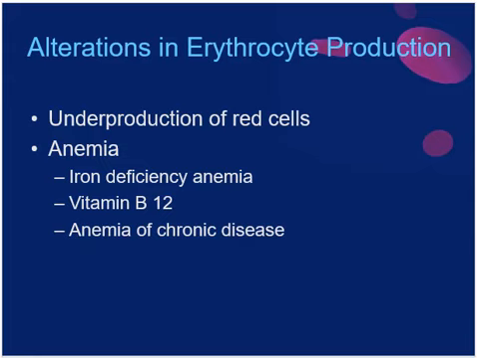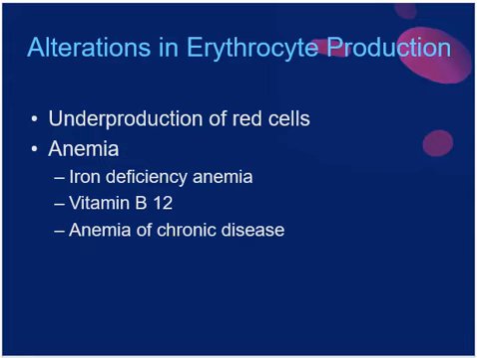If the red cells are normal in size, those may be considered more normochromatic, even though the hemoglobin may be low, and you may see those in pernicious anemia or folate anemia. And then you can have the small cells, which would be considered microcytic. And microcytic cells are small, abnormally shaped red cells.